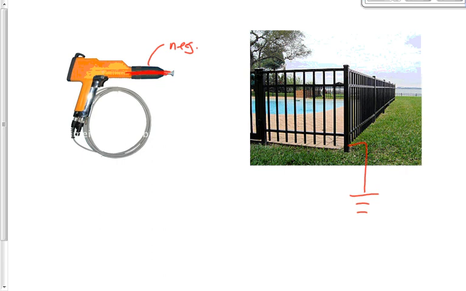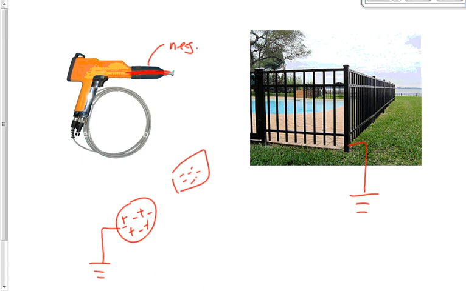So what happens? Where do negatively charged particles want to go? Just drew you a picture a few minutes ago. Where do negatively charged particles want to go? To the ground, right?